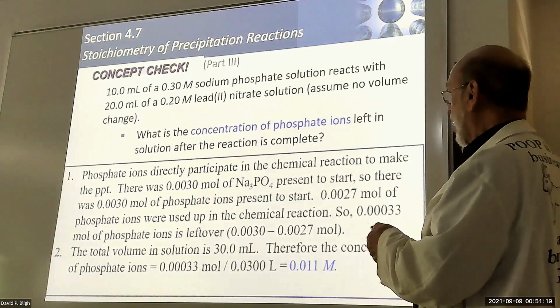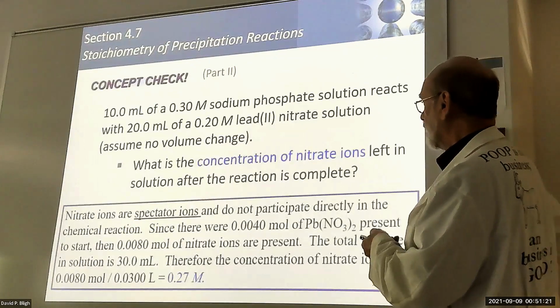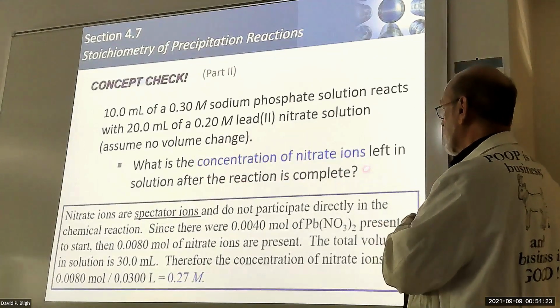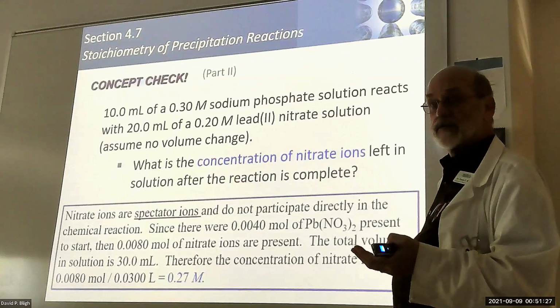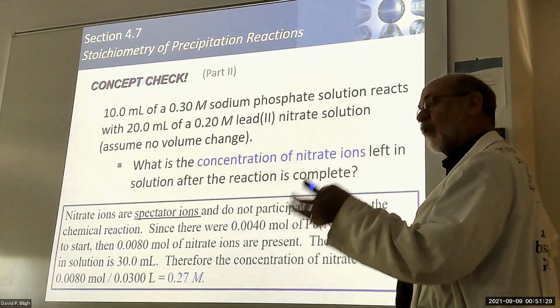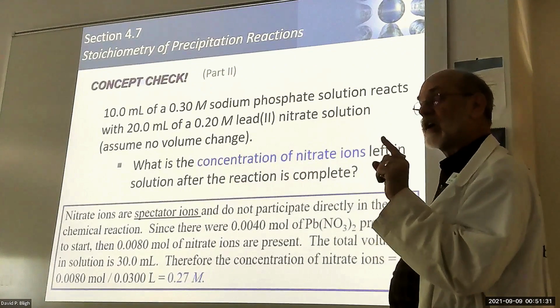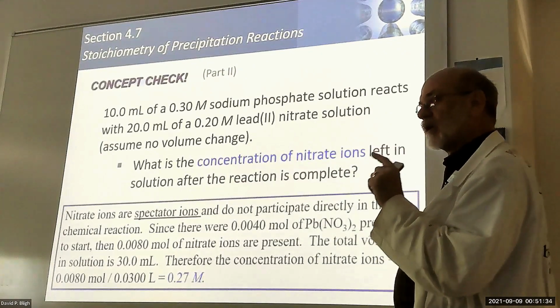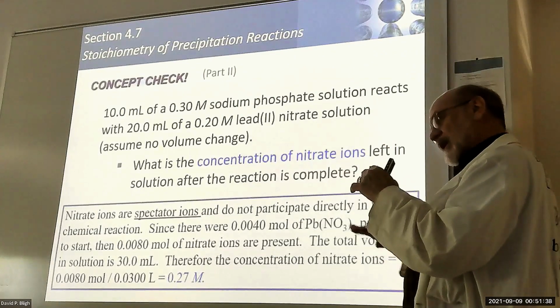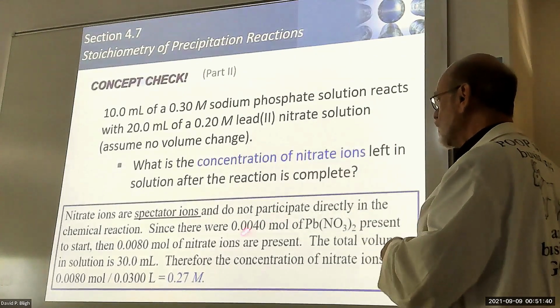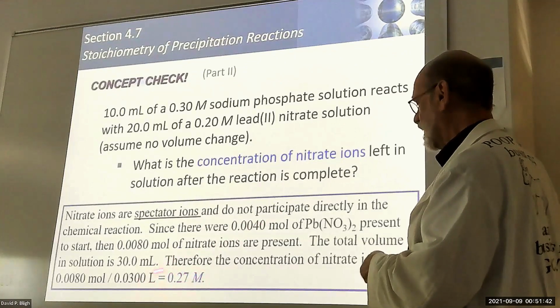Then I will say that if the question is, what's the concentration of nitrate ions? Nitrate's not part of the reaction. It's a spectator. So you got the same moles of nitrate before and after. The only thing that changed is volume. So if you include the volume of the two solutions as your denominator, then you can calculate the new concentration of nitrate ions.